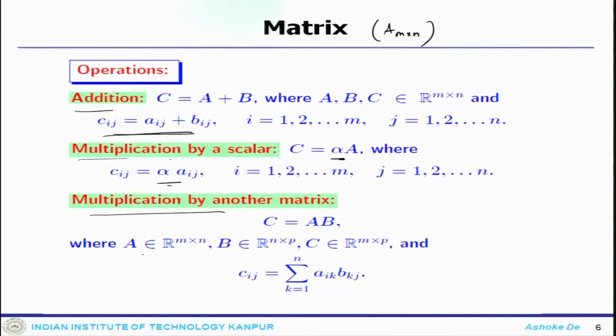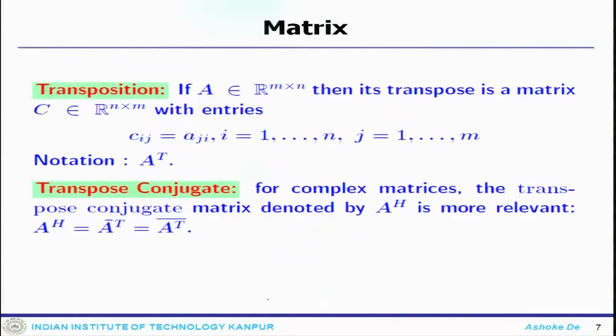The important property for multiplication is that I am trying to get a matrix C by multiplication of A and B. A is m by n, so B has to be n by p. These two dimensions need to be the same; only then is the multiplication possible. That means the number of columns in A and the number of rows in B need to be equal.